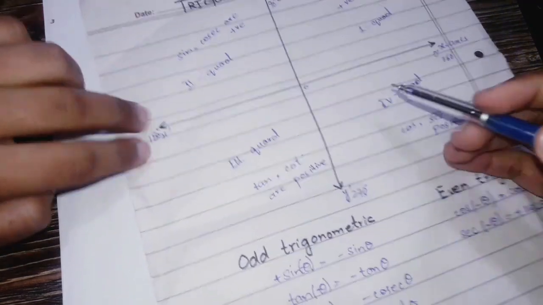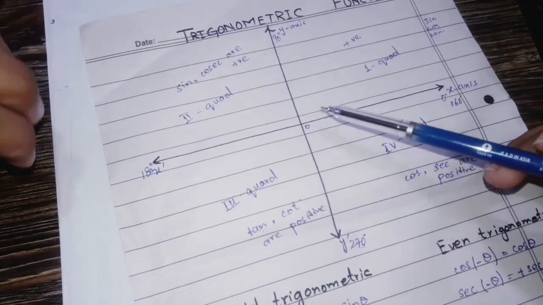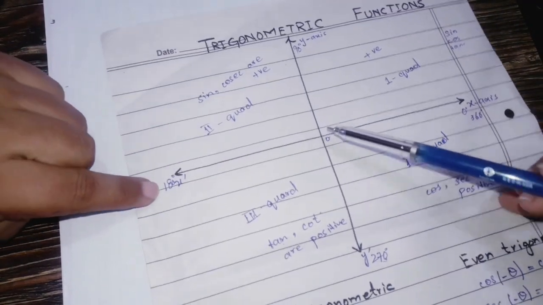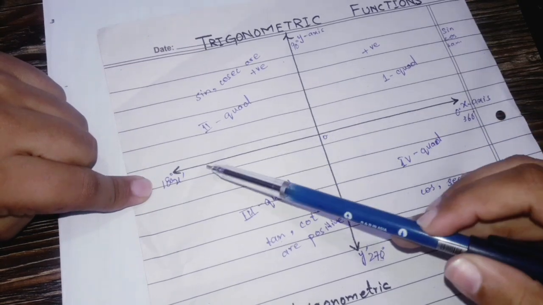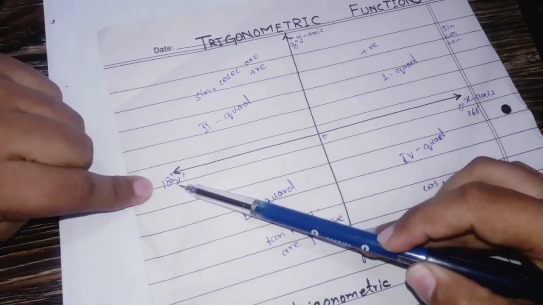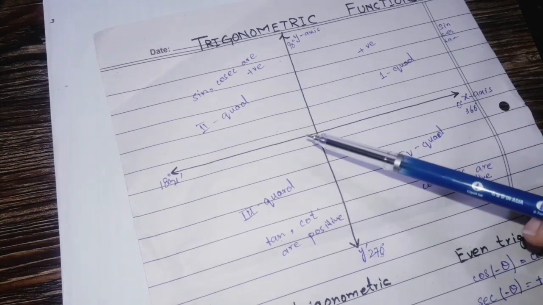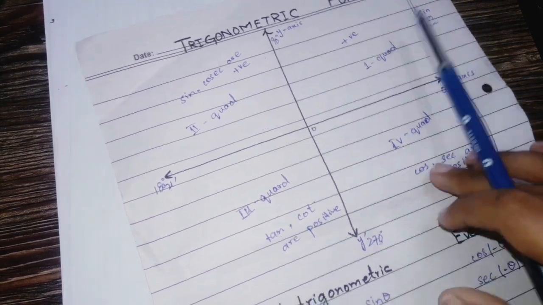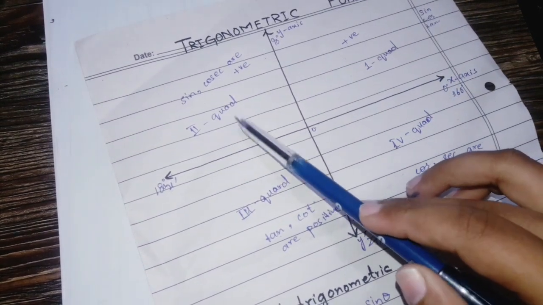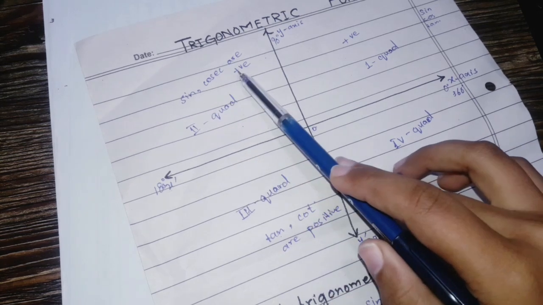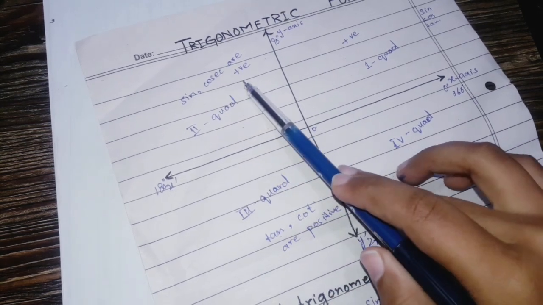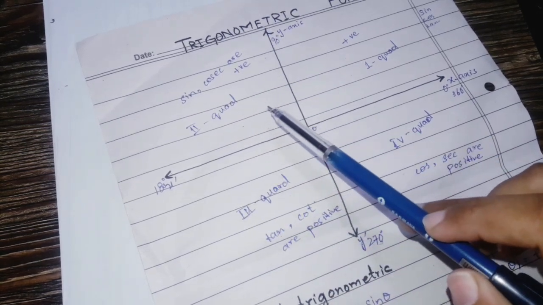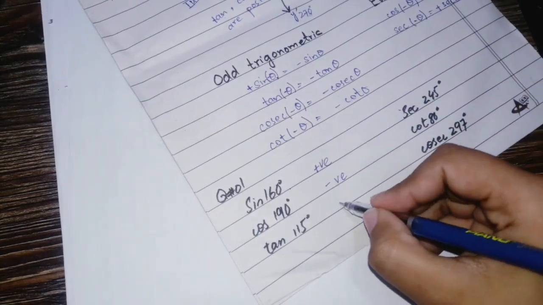Now tan 115. Again we will see in the Cartesian plane where 115 exists. 115 exists between 90 and 180, so it is in the second quadrant. In the second quadrant, sine and cosecant are positive and all the other trigonometric functions are negative, so tan 115 is negative.